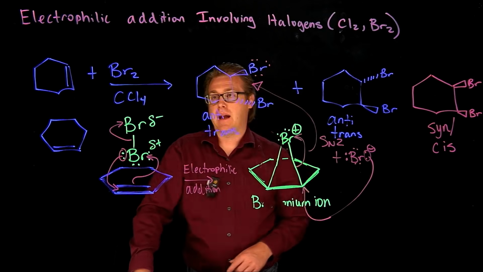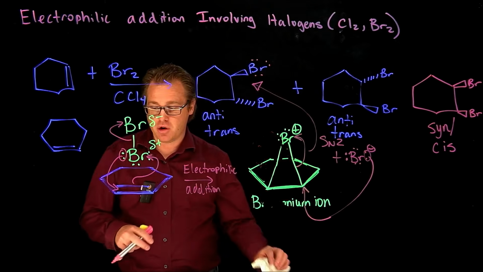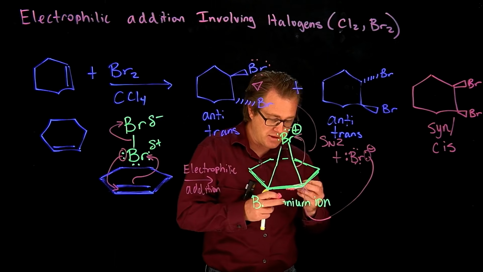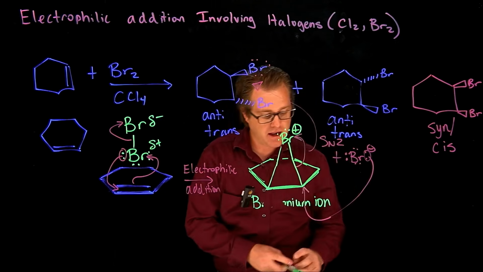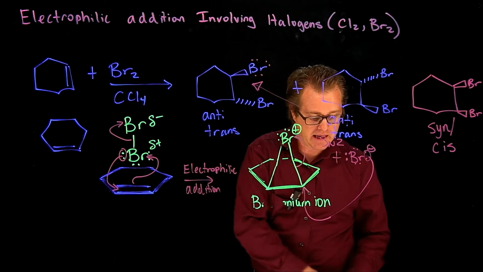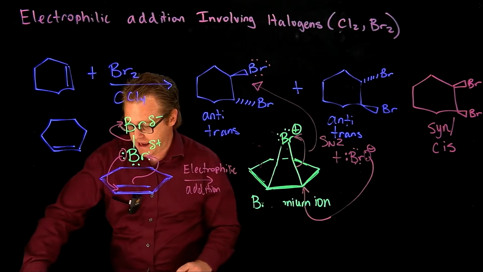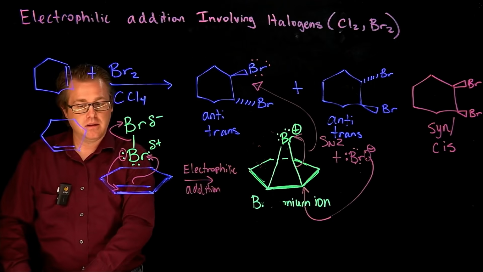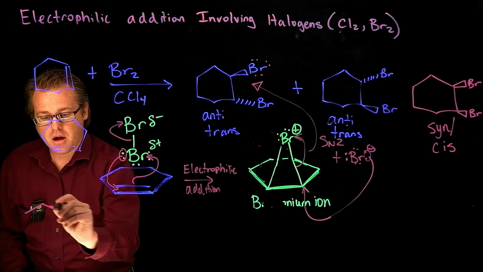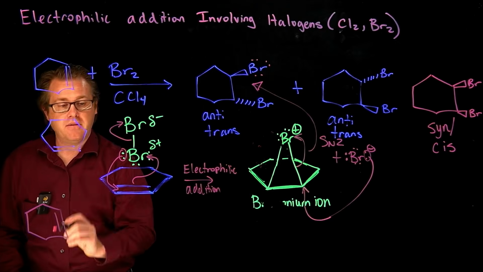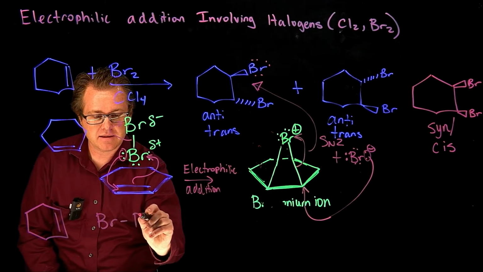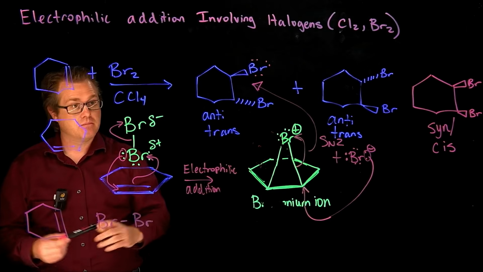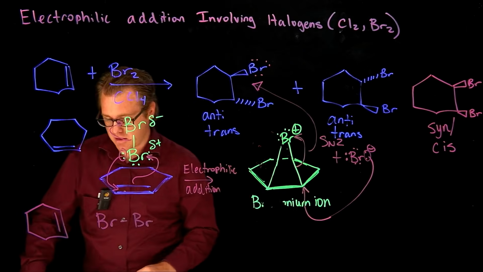So that is why this mechanism that I'm going to show right now is 100% wrong, because what it generates is a carbocation intermediate. So if we take our alkene above here and then do this mechanism like this, please note this is 100% wrong.